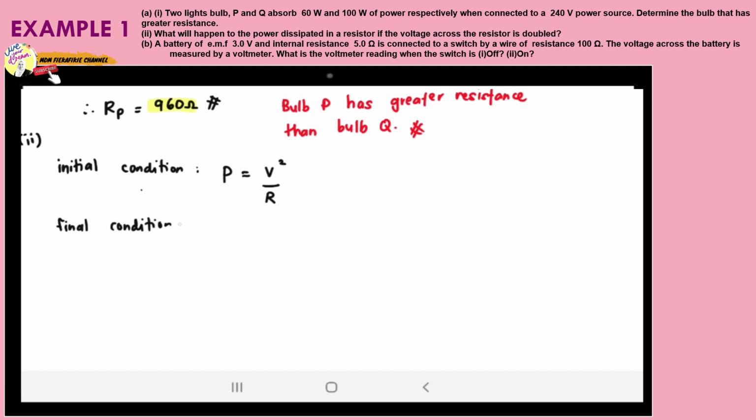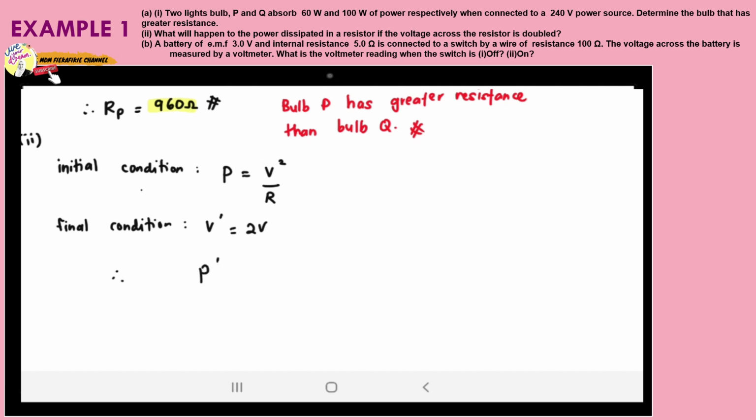In the final condition, V prime stands for the voltage after we double the voltage, which is the final voltage. So V prime is equal to twice, or double, V, so 2V.